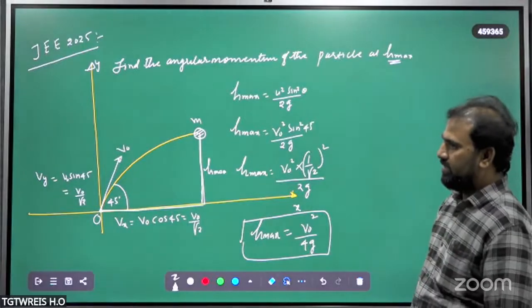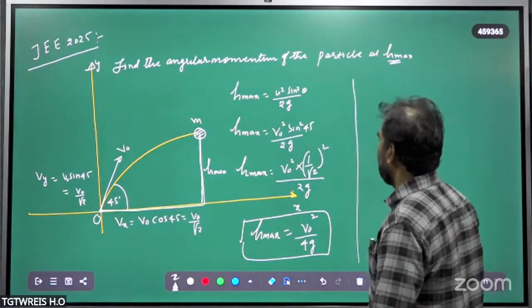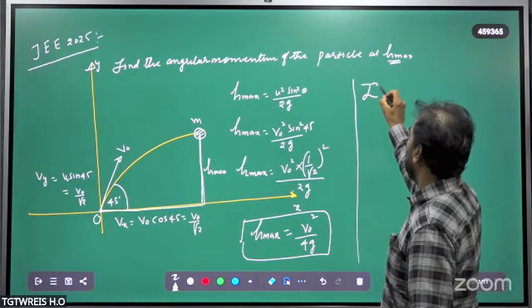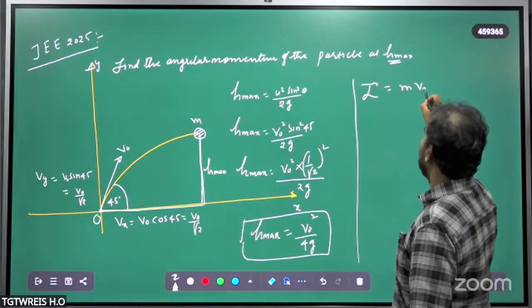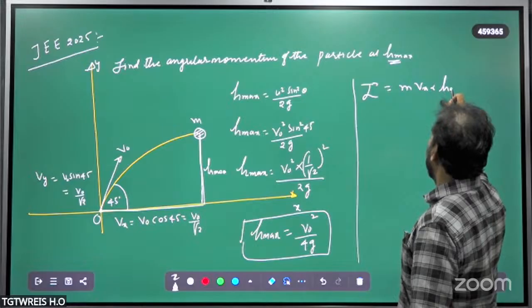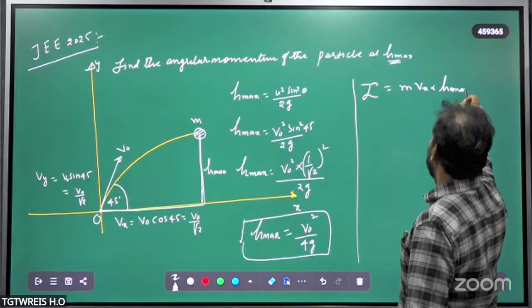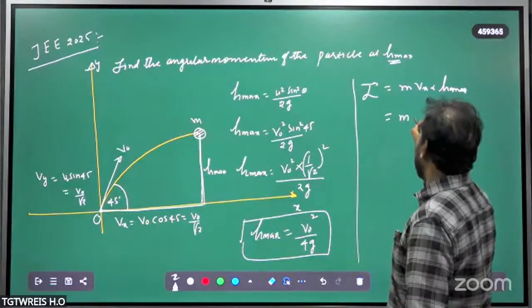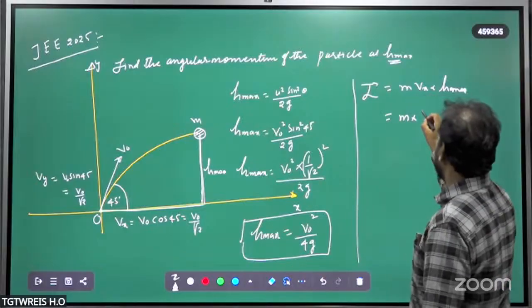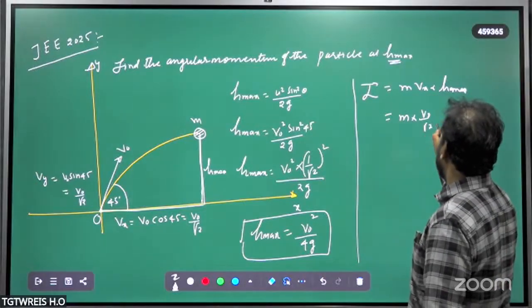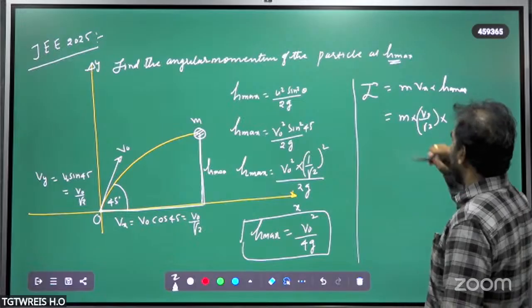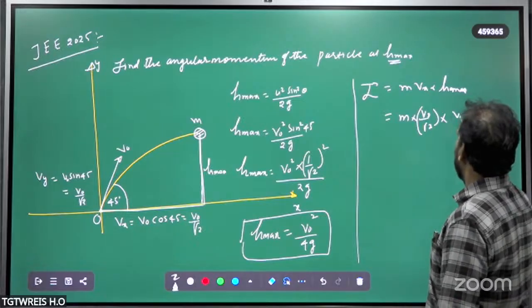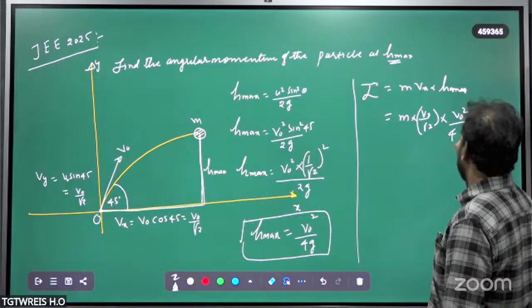Now we have to calculate the angular momentum. L is equal to m into Vx into h max. Vx is v naught by root 2, and h max is v naught square by 4g.